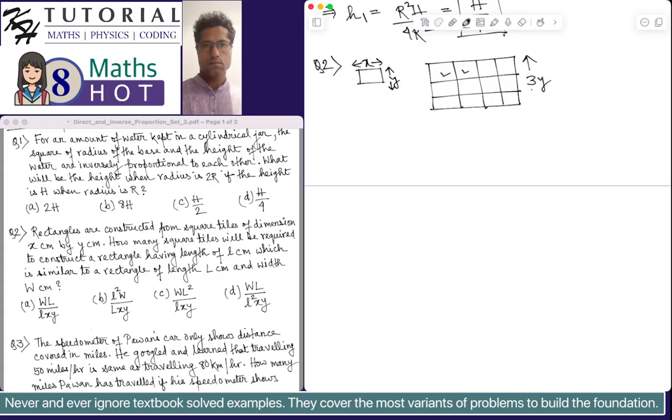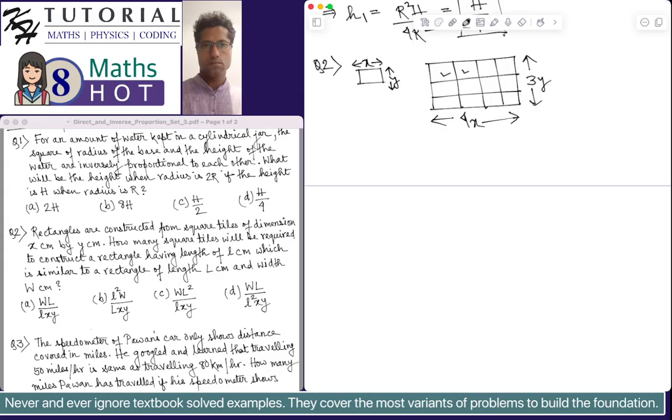So this will be 3y, and how many square tiles are there? Horizontally there are 4 and vertically 3 square tiles, so this will be 4x, just as an example. If this is the rectangle constructed using the square tiles, then its length will be 4x and width or breadth will be 3y.